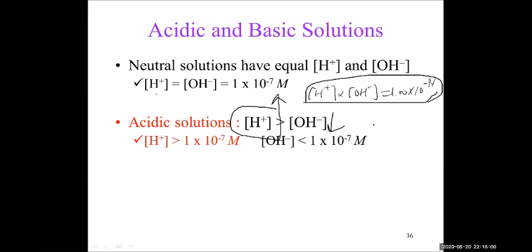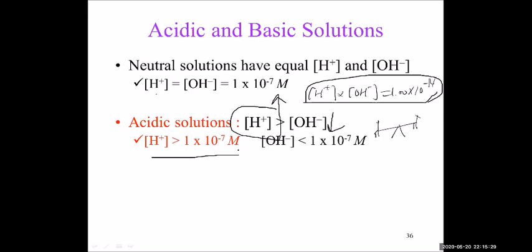It's like a seesaw, the game kids play. One person goes up, the other person goes down. Up and down, seesaw. In an acidic solution, a molecule gives a proton to water so that this will go up, increase, and the other will go down.